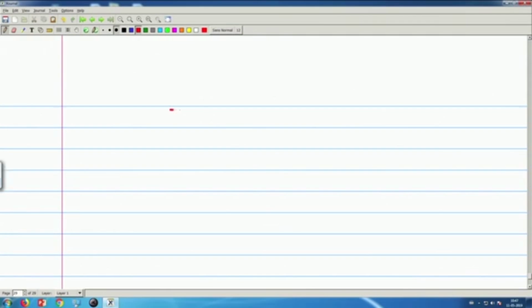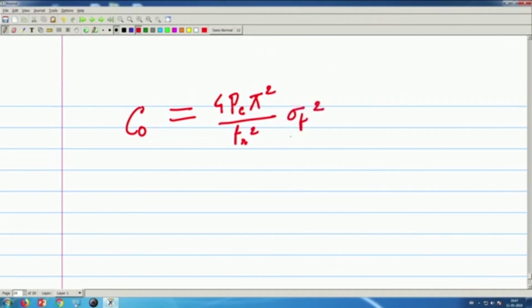So, I can easily write that C0 will be 4 Pc pi square by fr square into sigma f square, because the second moment is sigma f square for a zero mean case. So, now I can find out the clutter attenuation. Clutter attenuation is Ci by C0, and I have evaluated both the things.